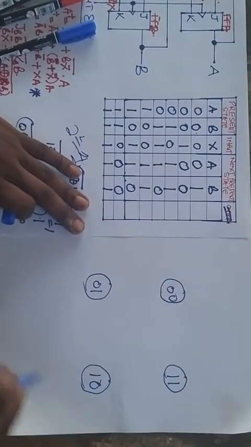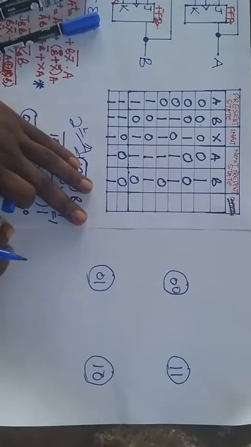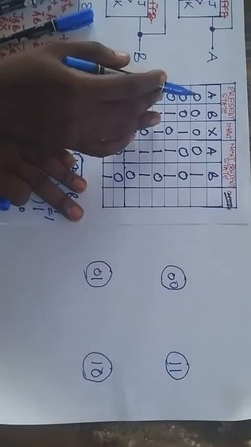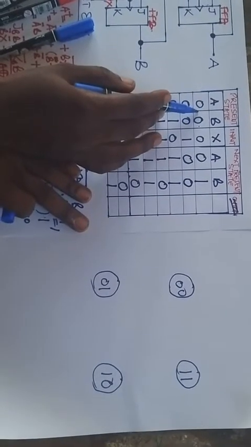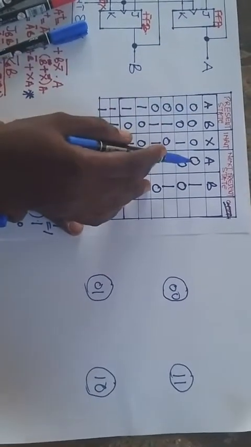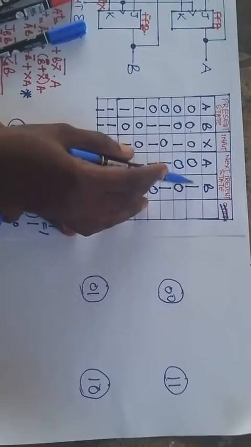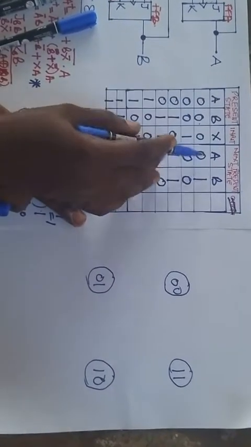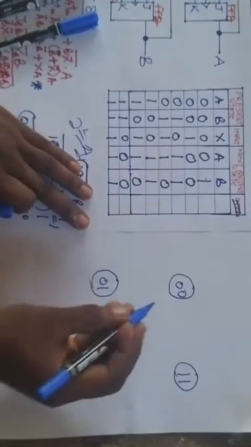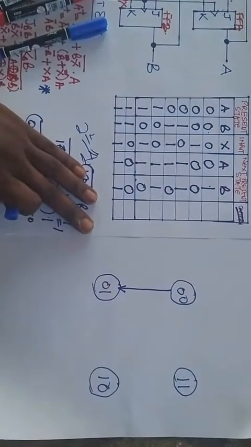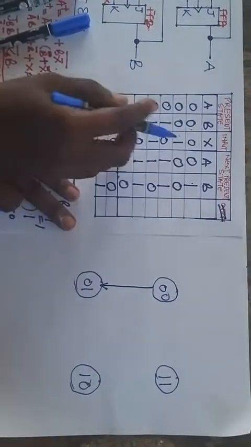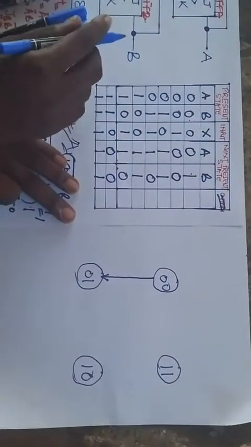Okay, so let's go. Now 00, when the present state is 00, okay, the next state is what? 01. It means there's a transition from 00 to 01. And what caused the transition is when S is equal to 0.